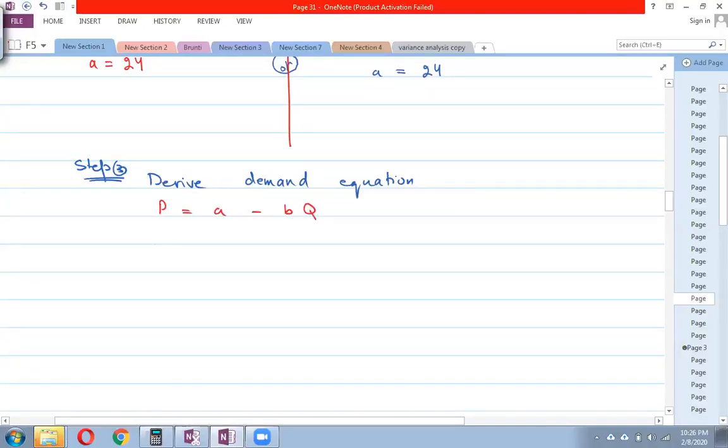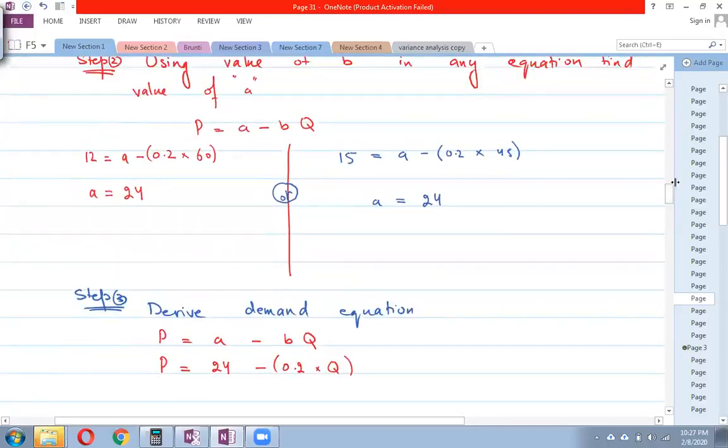So for example, P is equal to A, now we can write the price, which is 24, B, which is 0.2, multiplied by the quantity, right? Now you must be thinking, well, what about this price and quantity? Well, we have already used the price and quantity above. They were just different information.